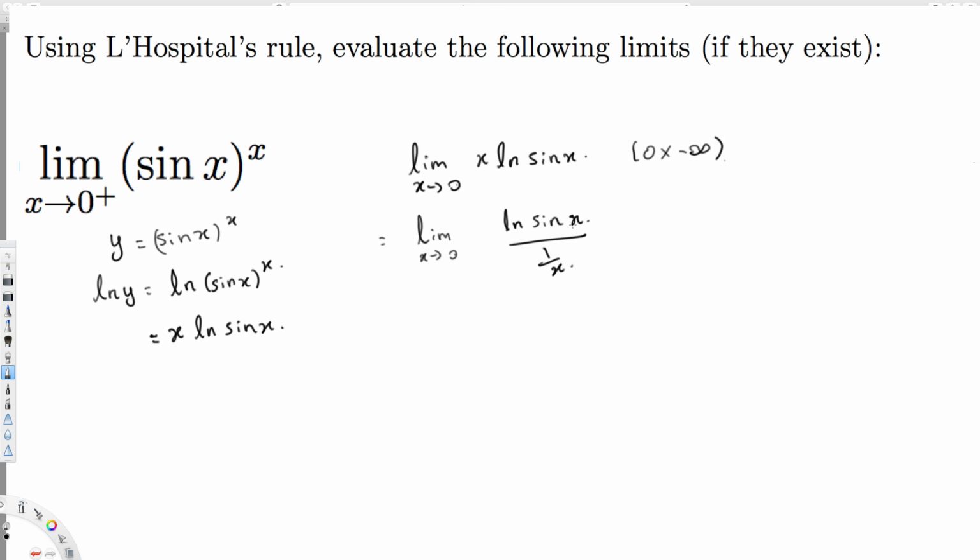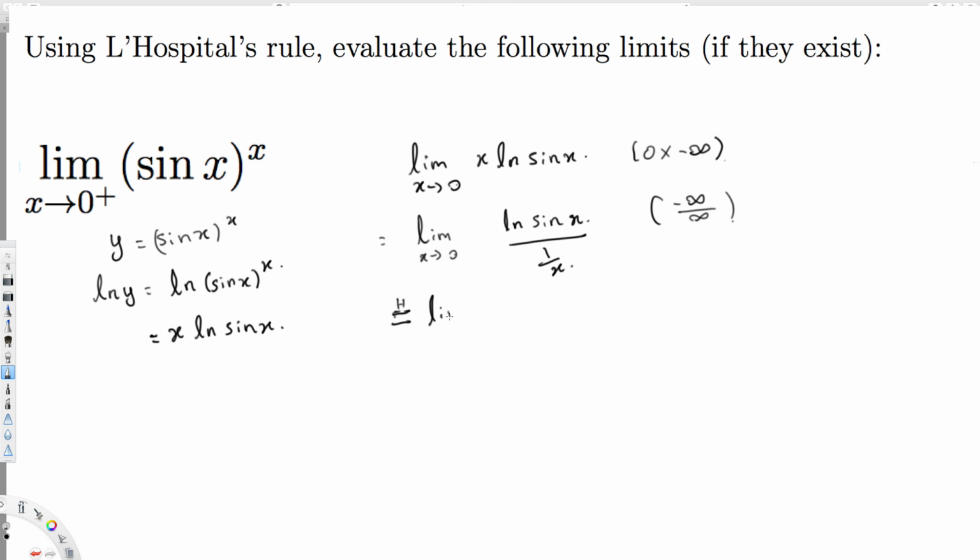If I apply 0, it's negative infinity over 1 over 0, which is infinity, so negative infinity over infinity is still an indeterminate form. So now we can use L'Hopital's rule.